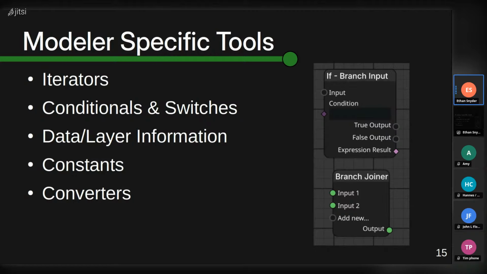So I have a branch joiner here that works almost like the coalesce does for the QGIS expressions, where it just returns the first non-null result, but it'll output it as just a single output. So no matter which input you give it, it ends up being the one that's run. The input you can then use for your next node or tool in the chain would just be the branch joiner's output as a single output.